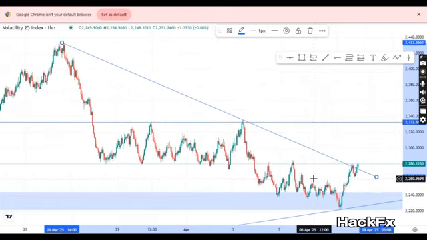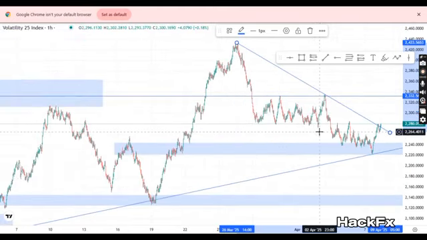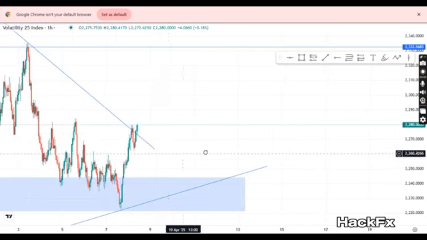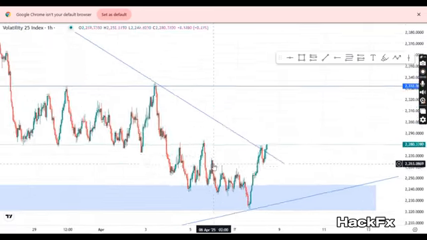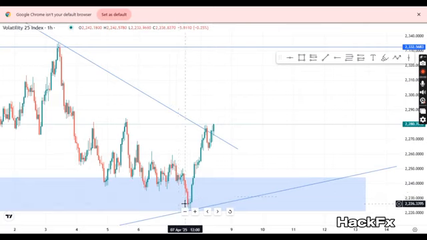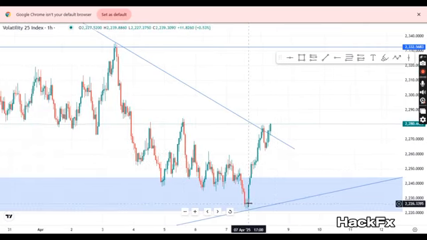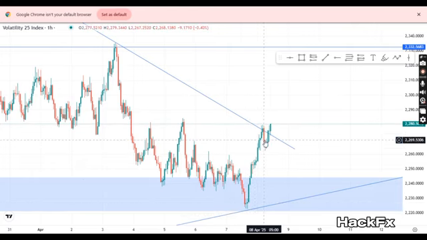Okay, now very good. So now we have to look for entry. Let's say you missed the first entry. Obviously you have to wait for this sweep to happen and move up.